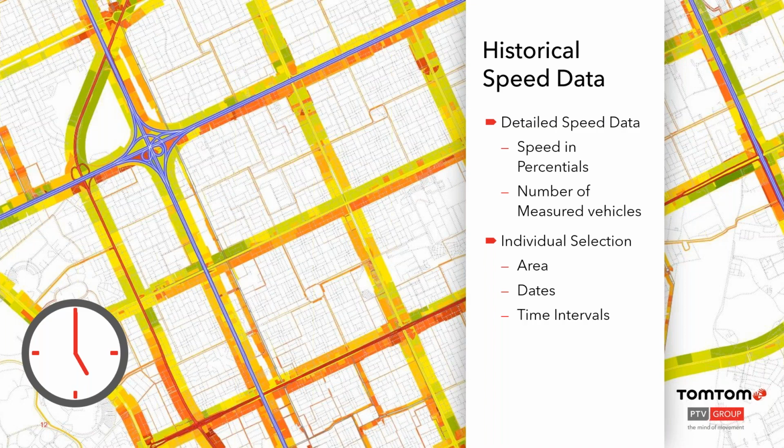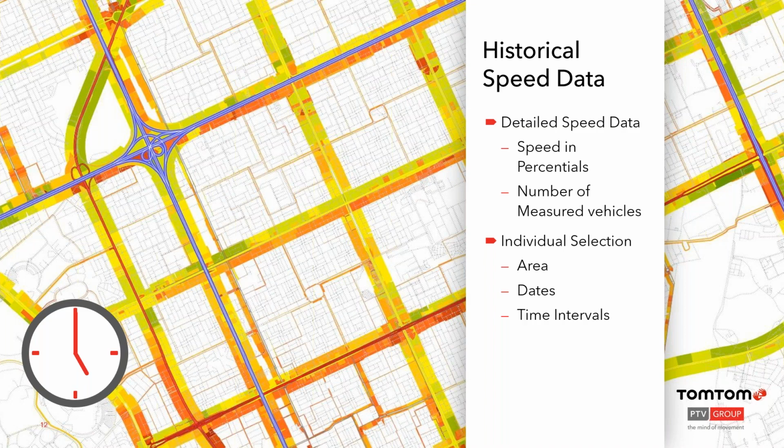So what you see here is also one example of this historical speed data product that we can offer, and you can see that it really also goes down into the lower road classes. So it's more valuable, of course, on the interior roads, but you can see that it is also there in the lower road classes.